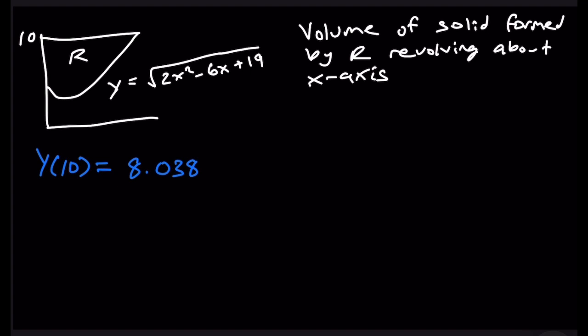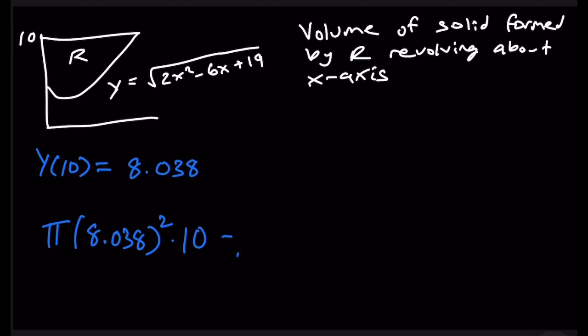And so then solving for our area, well, the area is going to be the entire thing subtracted by what's inside, right? So that area is going to be pi times r squared, which is 8.038 squared, times the height, in this case 10, as it's a cylinder. And what we're going to subtract from it is whatever's inside.